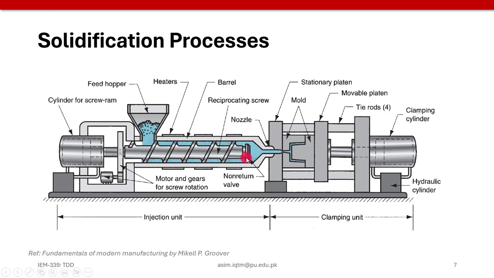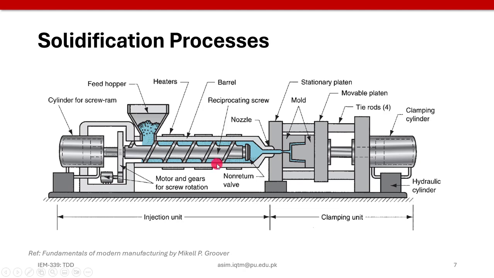In this simple illustration we have two units, the injection unit and the clamping unit. In the injection unit, the hopper feeds the granules and this reciprocating screw moves them forward from the hopper to the mold for producing the shape, and there are some heating chambers installed on this screw which melt the feed.